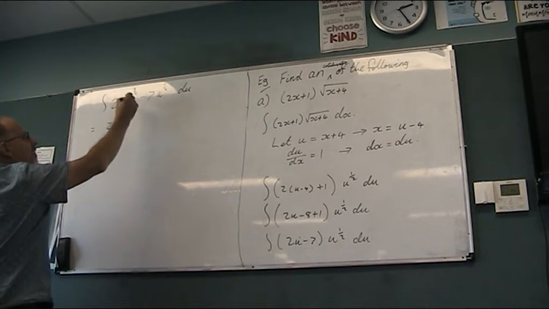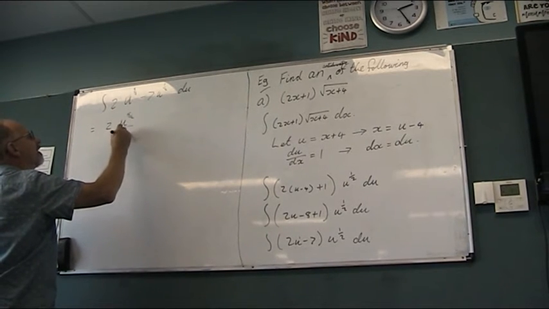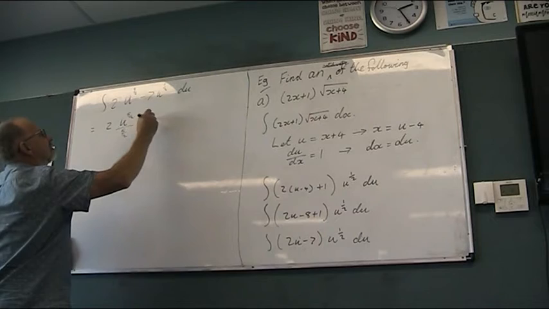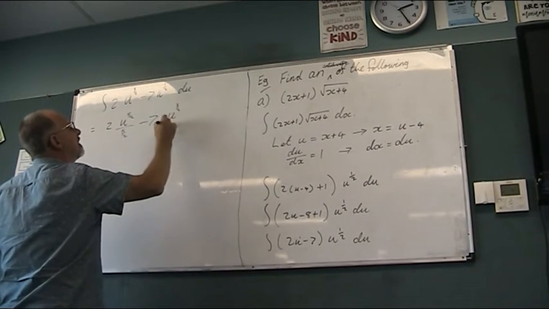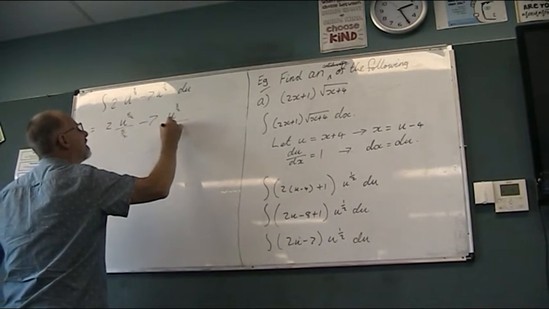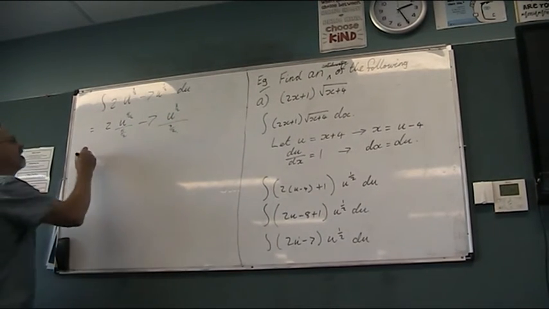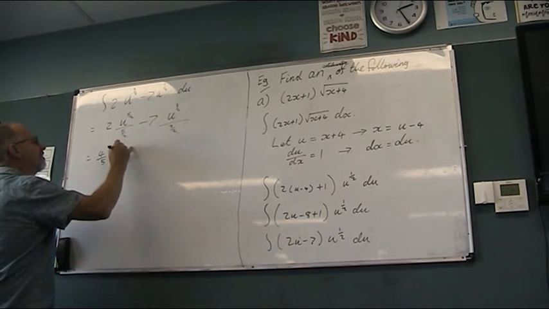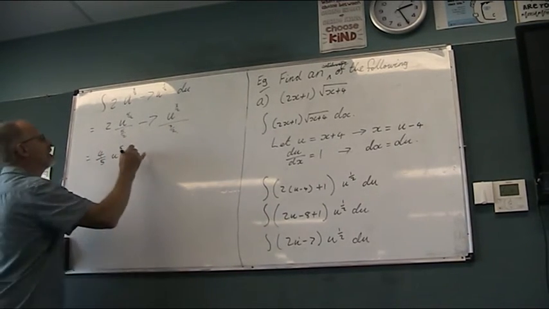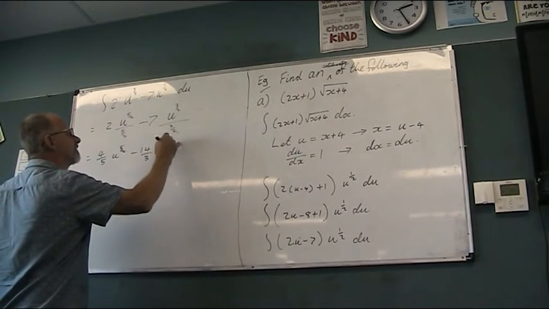increase the power by 1, 5 over 2, divide by the new power, increase the power by 1, 3 over 2, divide by the new power. Because it's an antiderivative, I don't need the plus c. So that's 4/5 u to the 5 over 2 minus 14/3 u to the 3 over 2.